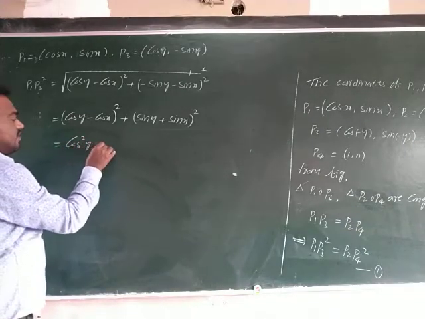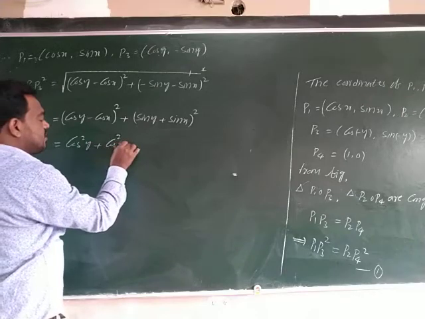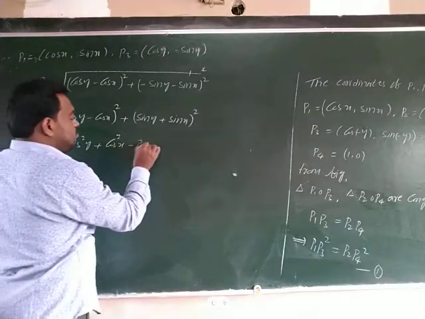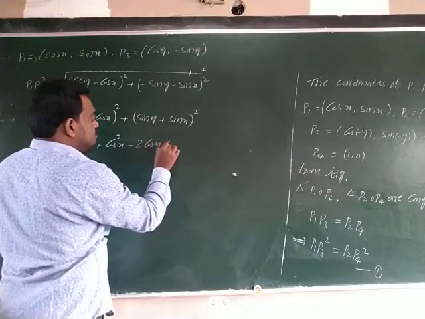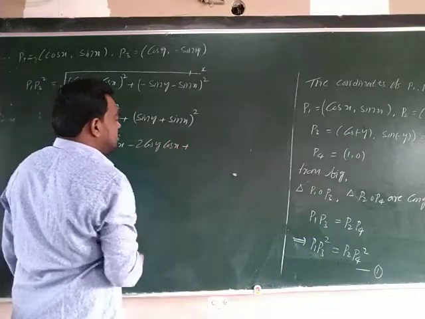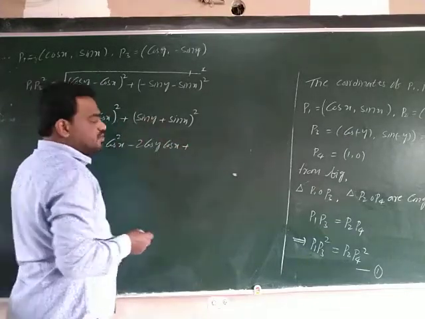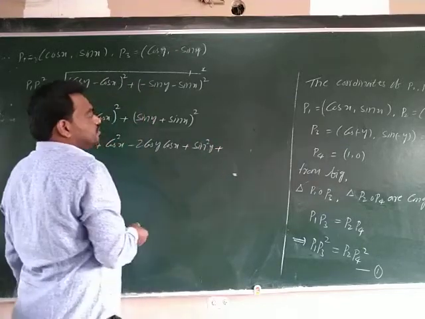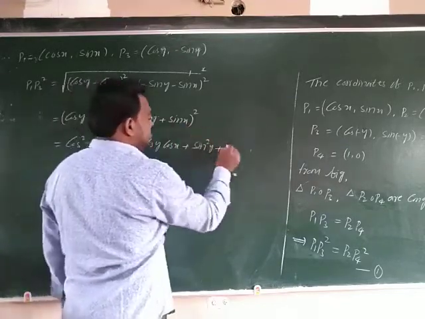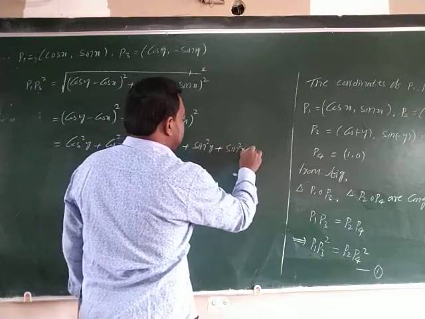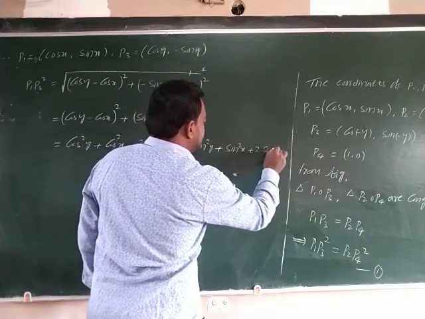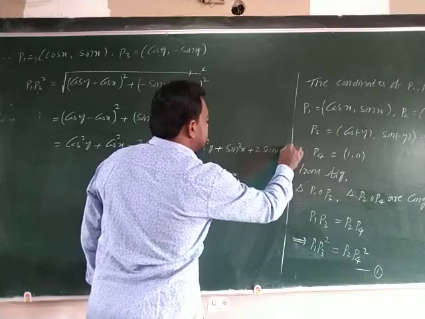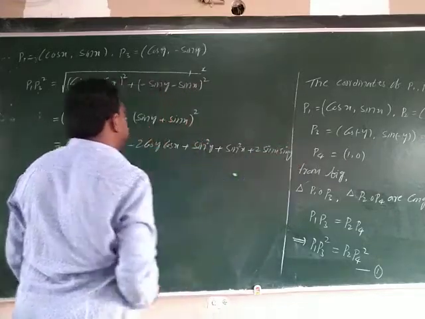So cos square y plus cos square x minus 2 cos y cos x, plus, in the form of a plus b whole square, sin square y plus sin square x plus 2 sin x sin y.